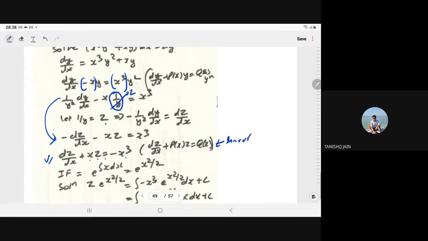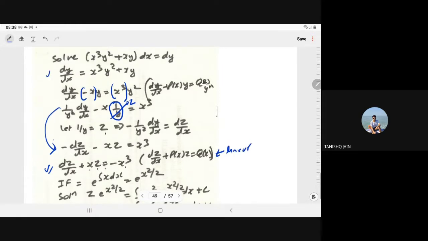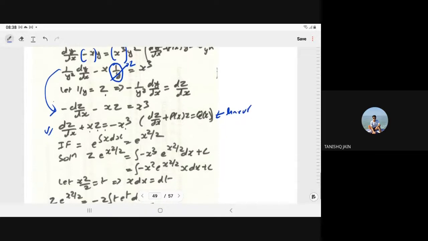So the non-linear equation that you had, you have reduced with the substitution 1 upon y is equal to z into a linear equation. So now you know how to solve it. The integrating factor is e to the power integral P(x) dx, so it will become e to the power integral x dx, that is e to the power x square by 2.